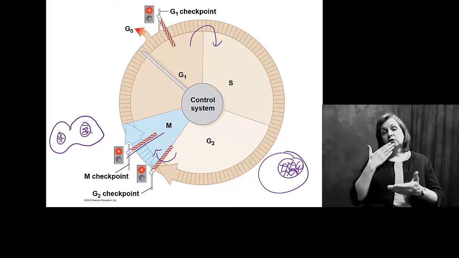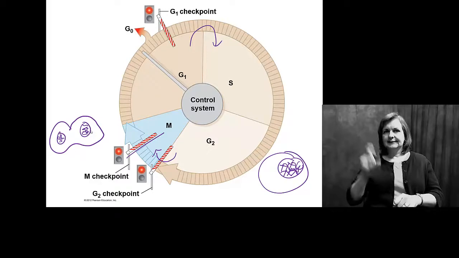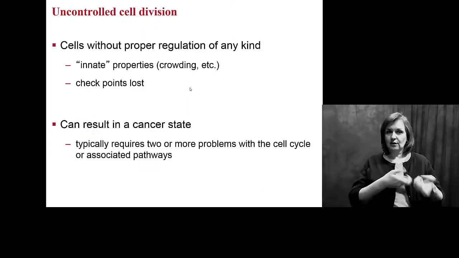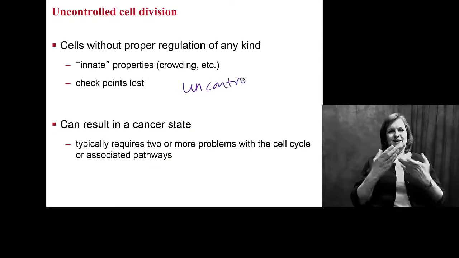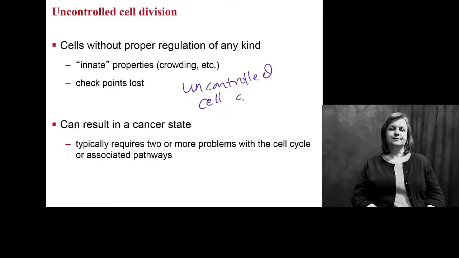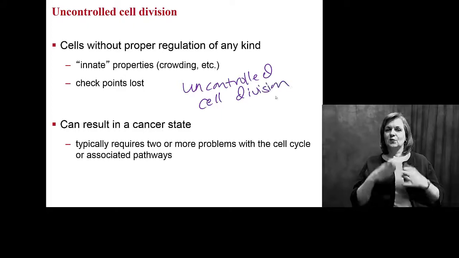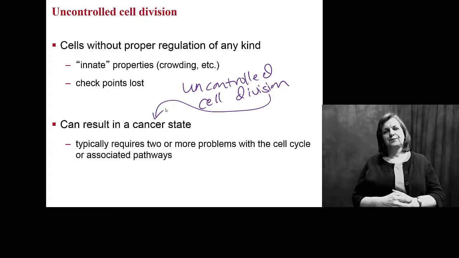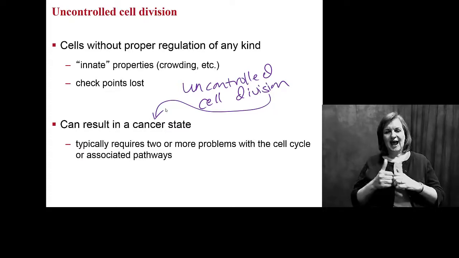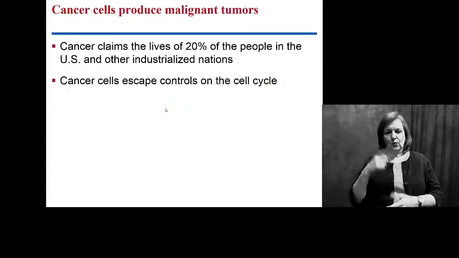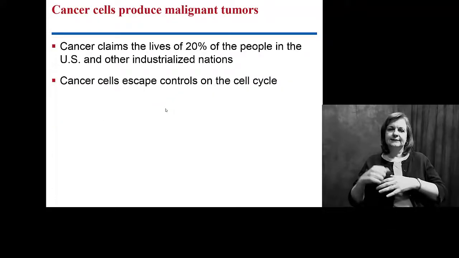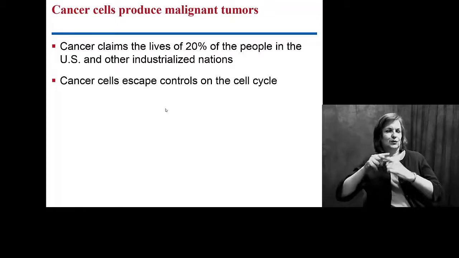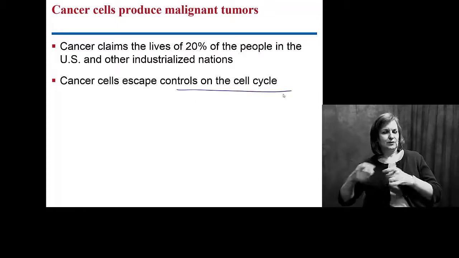This is a very good system for your body because we've got to regulate these cells. Without regulation, you get what we call uncontrolled cell division. Uncontrolled cell division is a fancy way to say cancer. When we look at the induction of cancers, we're finding that more and more of them are occurring because the cells have stopped listening to the cell cycle controls.